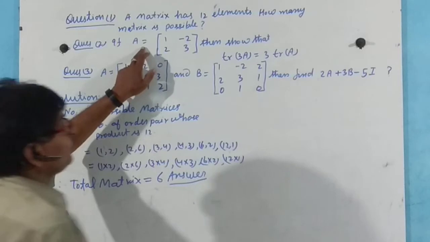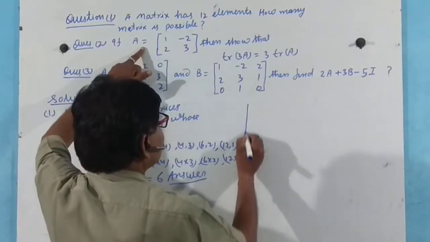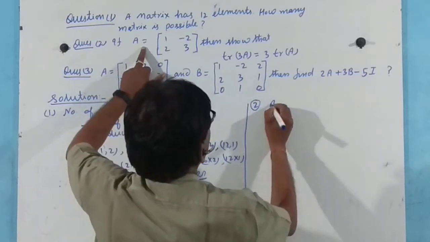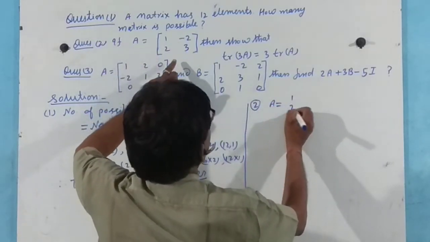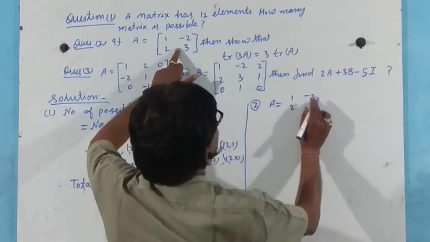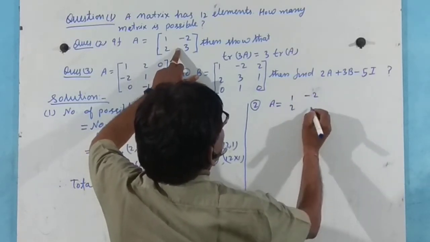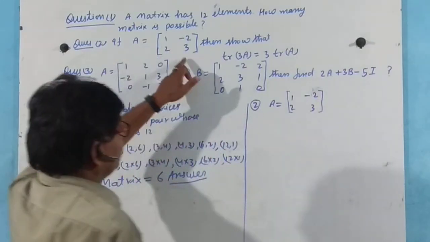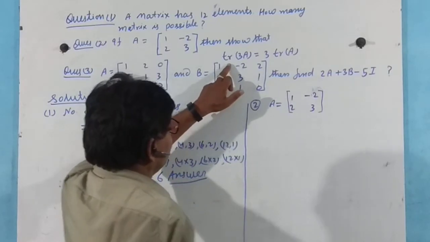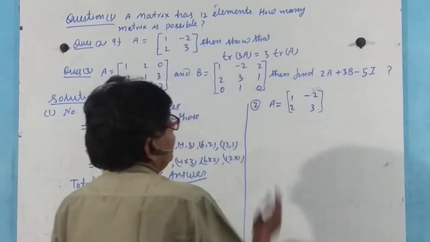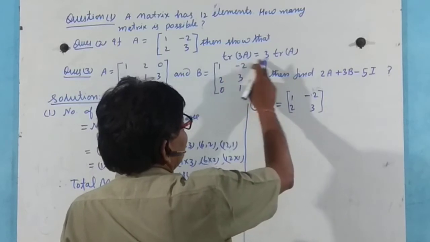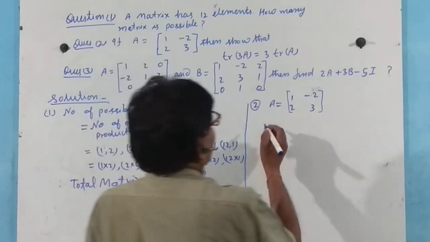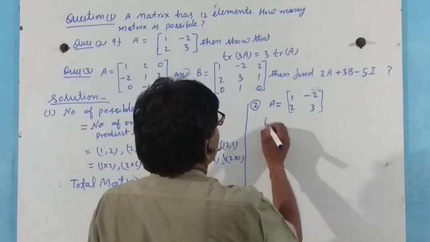If A equal to 1 2 minus 2 3, this is the matrix A, so that trace 3A equal to 3 trace A. Now here track equal to trace.